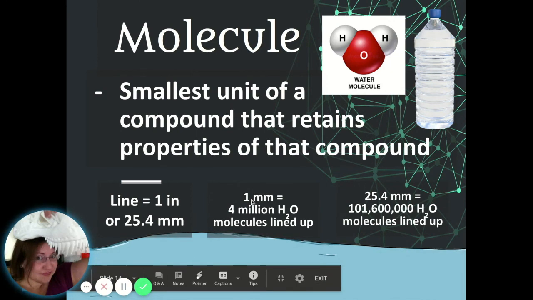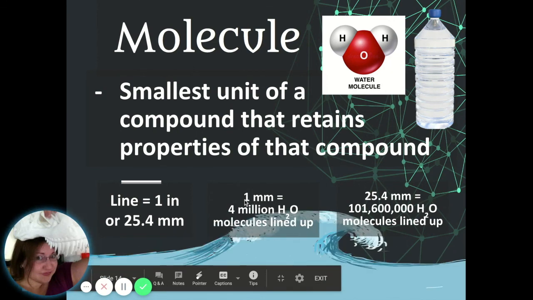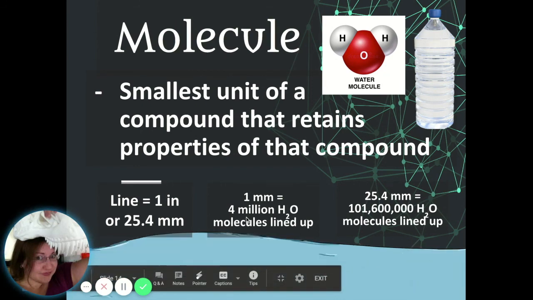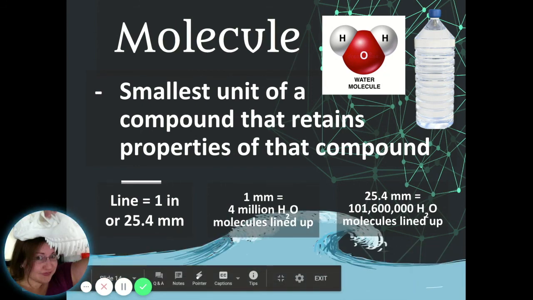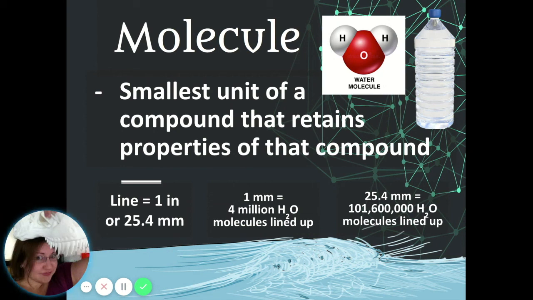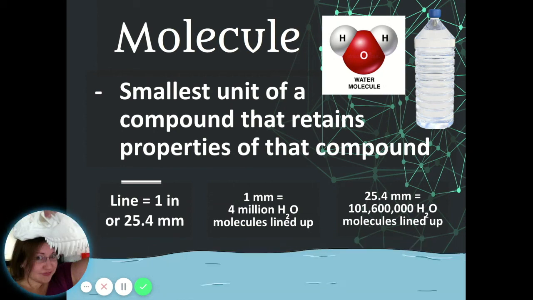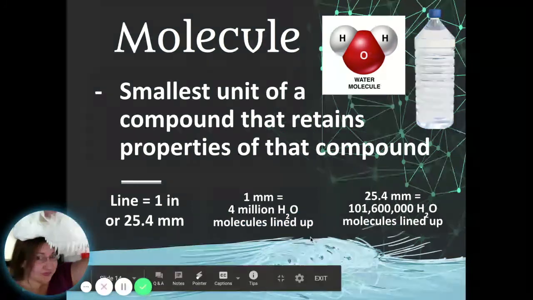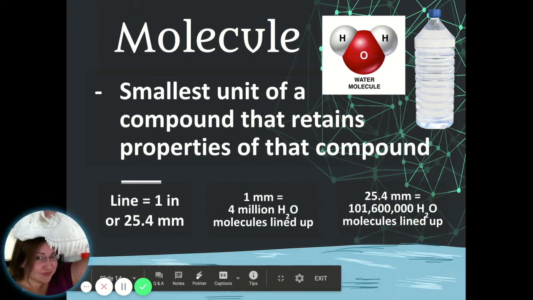If you were to just have 1 millimeter, which is super teeny tiny, then that's going to represent 4 million water molecules lined up together. Hopefully that helps you have a better idea of the scale of molecules and atoms. So think about the ocean. How many water molecules must there be in the ocean?